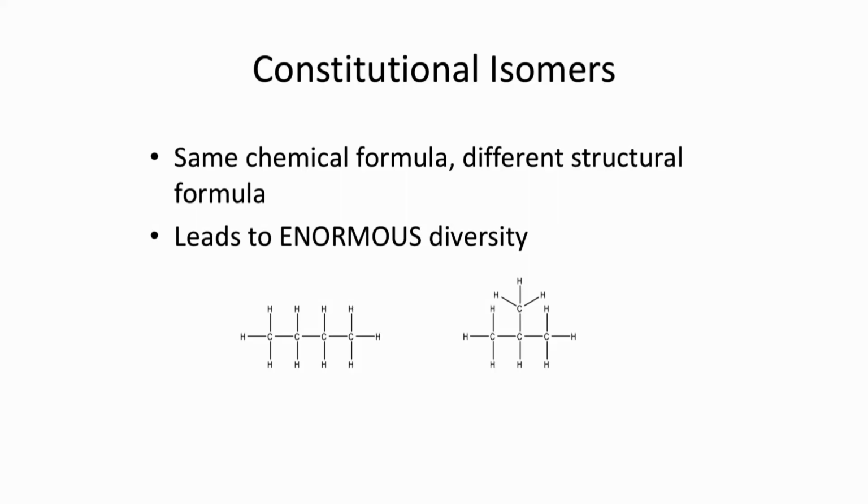Here are 2 compounds with the same molecular formula, C4H10. The one on the left is called butane. This has all 4 C's in a row. Here's one, here's another, and here's another, and they're all connected to each other in a straight line.